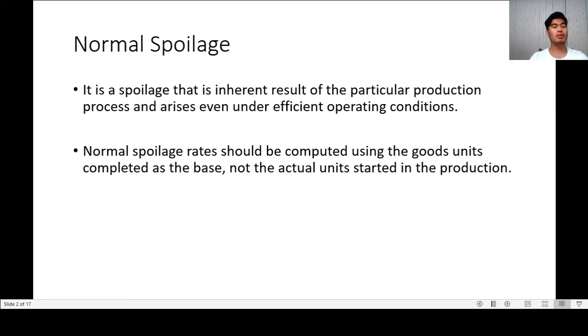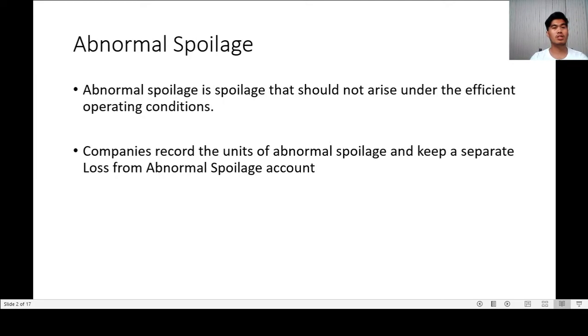So ano rin naman yung abnormal spoilage? Abnormal spoilage is spoilage that should not arise under efficient operating conditions. So kung there is an efficient operation standard in place dun sa planta, dapat itong mga abnormal spoilage ay maiwasan.